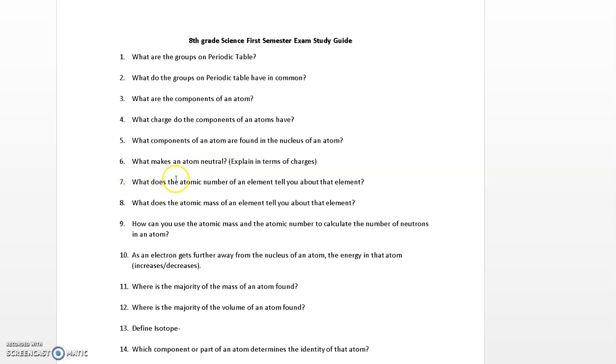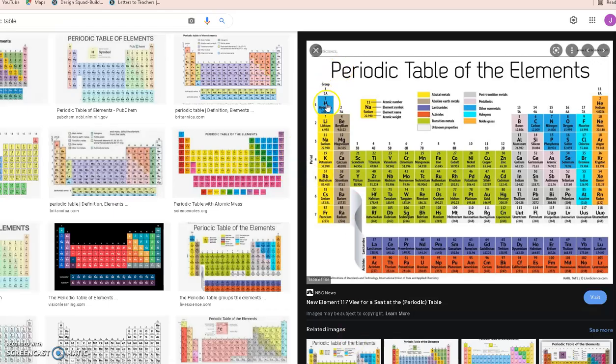Number 7, what does the atomic number of an element tell you about that element? If you're looking at just a regular periodic table, the atomic number is how elements are arranged on the periodic table. So for instance, hydrogen is number 1, helium is number 2, those are the atomic numbers.